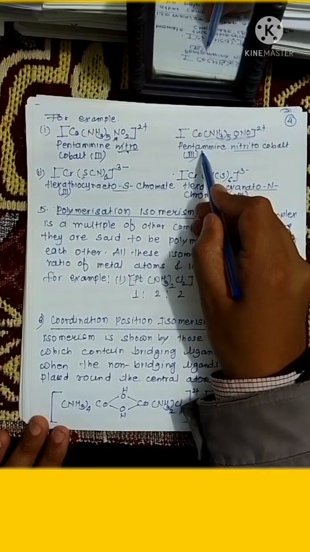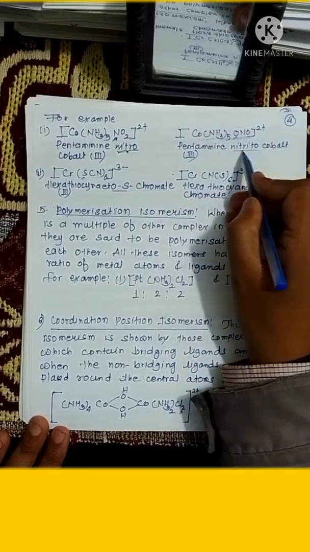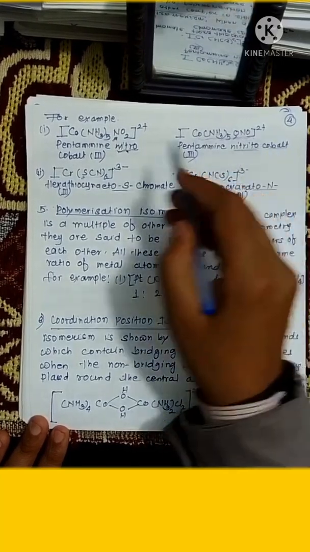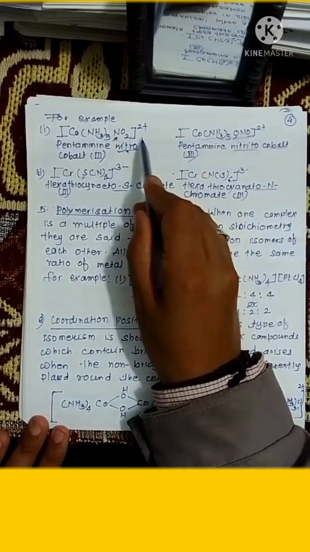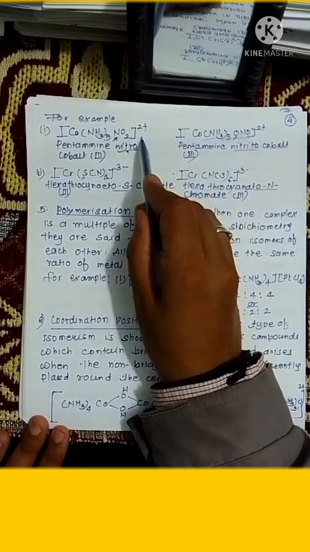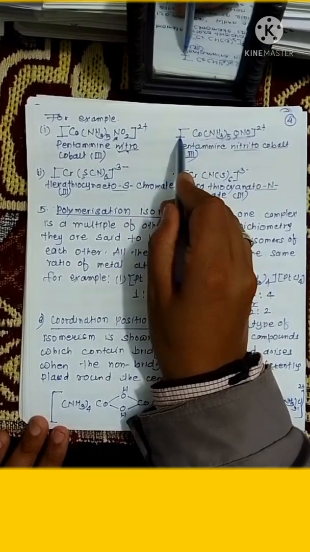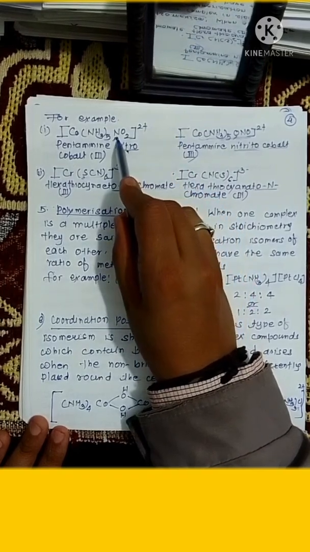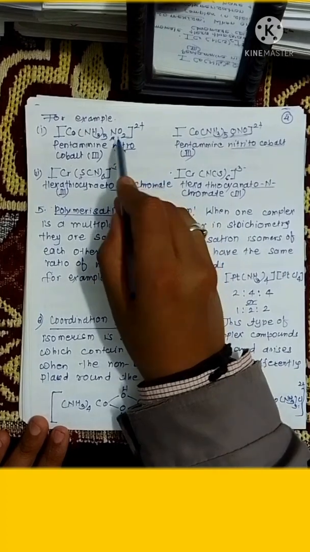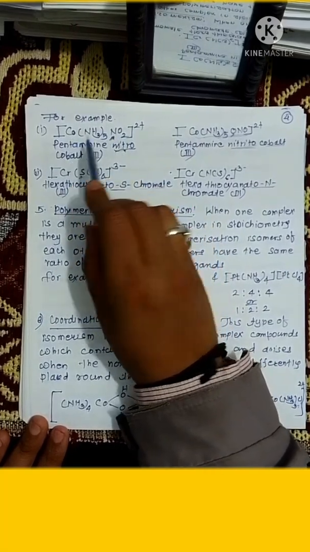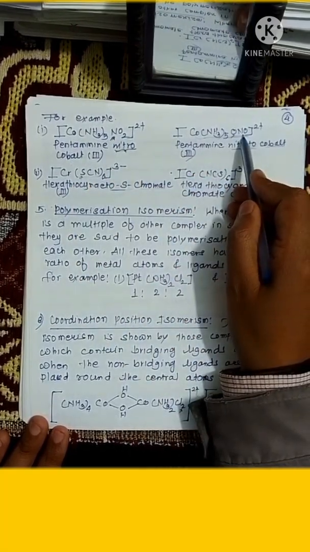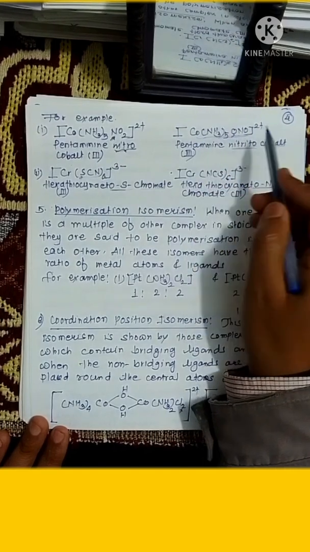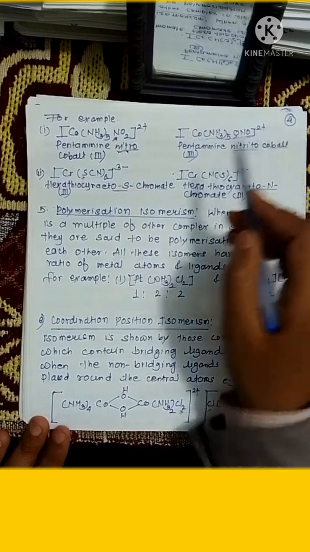The name of this compound is pentaamminenitritocobalt. So these two are basically examples of linkage isomers. They are linkage isomers of each other because in this compound the group joins through nitrogen, while in this compound it joins through oxygen to your central metal atom.